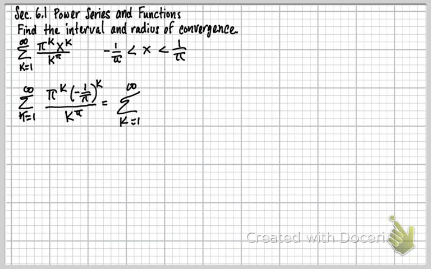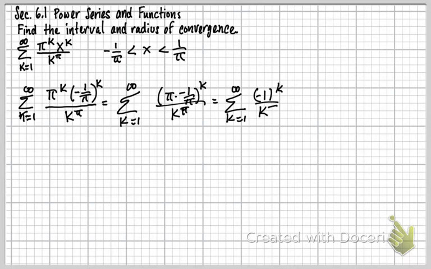So this is really going to be pi times negative 1 over pi to the k, all over k pi, which equals the sum from k equals 1 to infinity of negative 1 to the k over k pi.